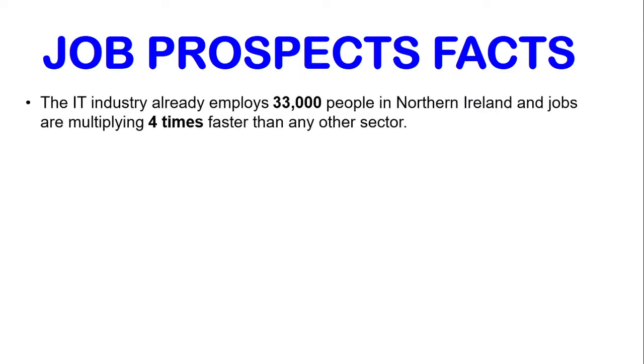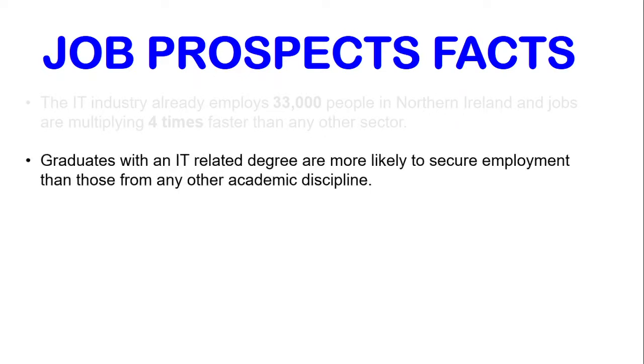So here are also a few interesting job prospects facts, which were shared with me by Sentinus. The IT industry employs 33,000 people in Northern Ireland, and jobs are multiplying 4 times faster than any other sector. In the last 5 to 10 years, some sectors have seen a decline in the number of jobs, but IT is really the only sector where job prospects have increased year on year.